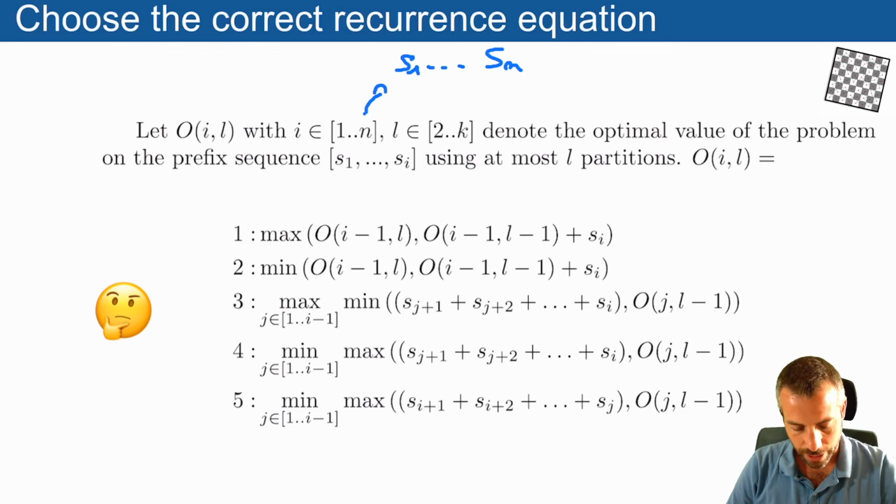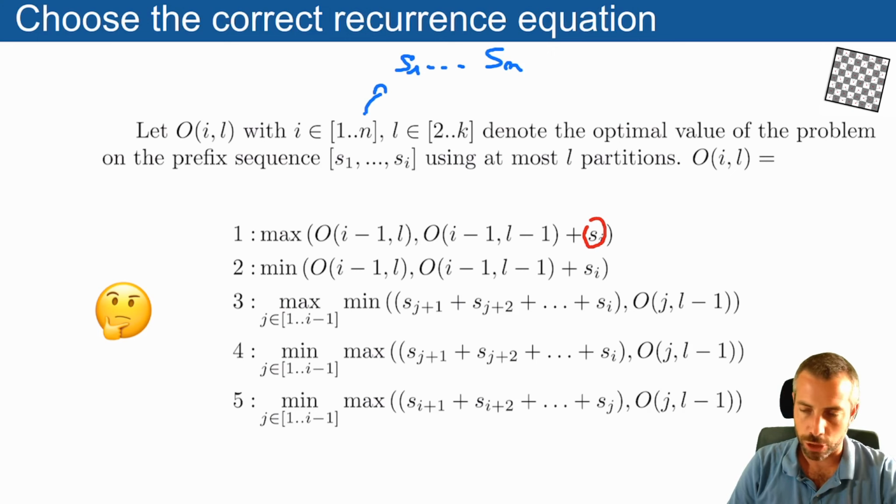So it's quite clear that this will not work. Also, why would you take only i minus 1 and just add this one? It means that you are probably creating a split just at the end of the subsequence up to Si, and you will isolate Si in it. So clearly this one is not good.